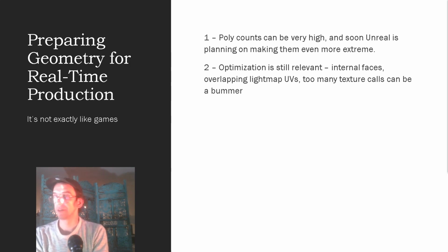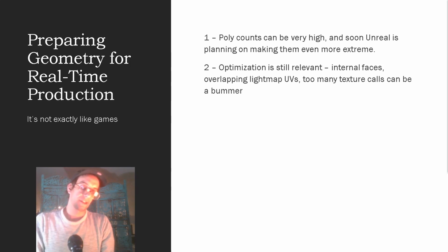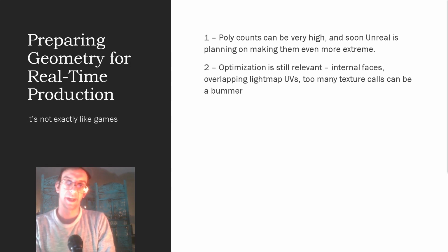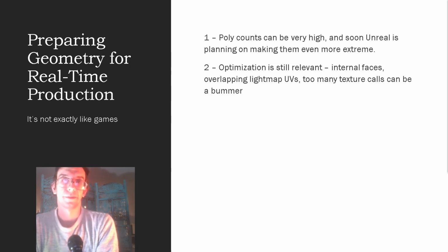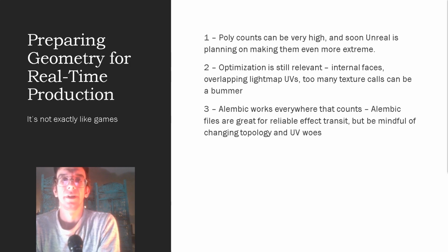If you have a model, especially if you're working with Substances or Quixel, it can be real easy to call 5 or 6 materials on a single model. You should try not to do that, because you're actually calling that model once for every material, right? So this is where you want to start thinking about Substance Painter, especially if you're working with combined materials.